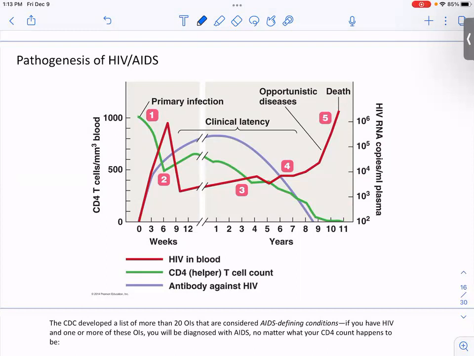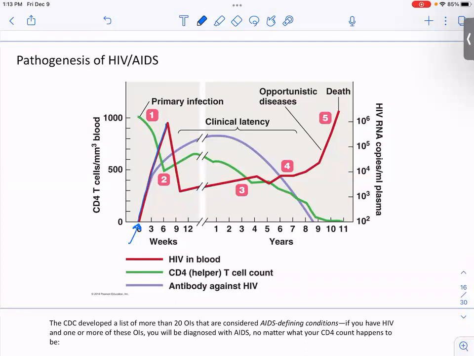So when somebody is first exposed to HIV or infected, there's typically a pretty rapid increase in viral titers in the bloodstream. We do initially get some innate and adaptive immune response to that.